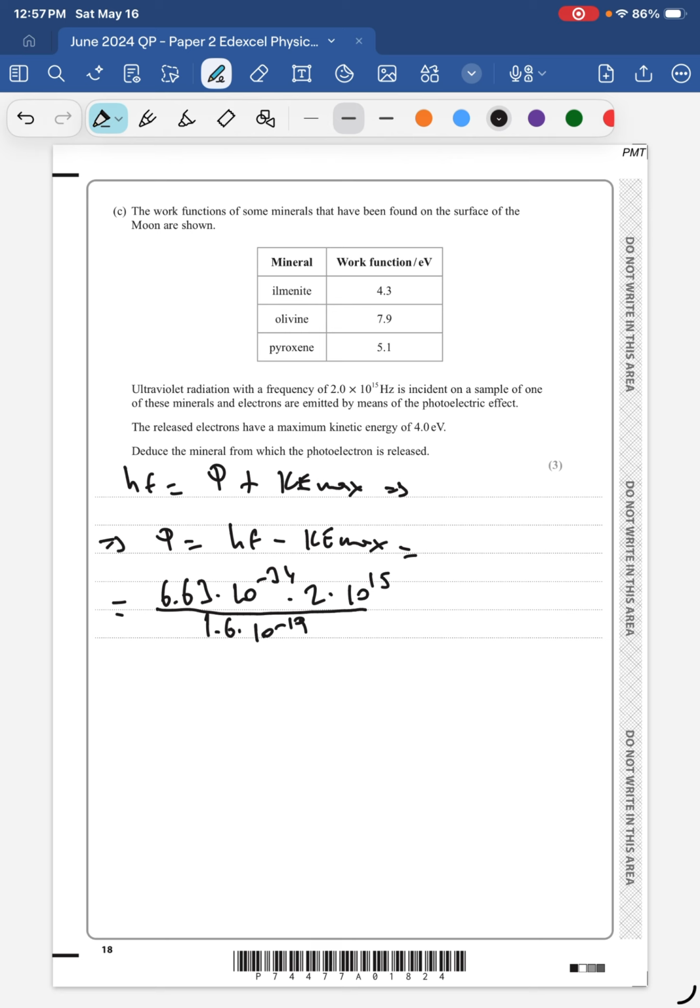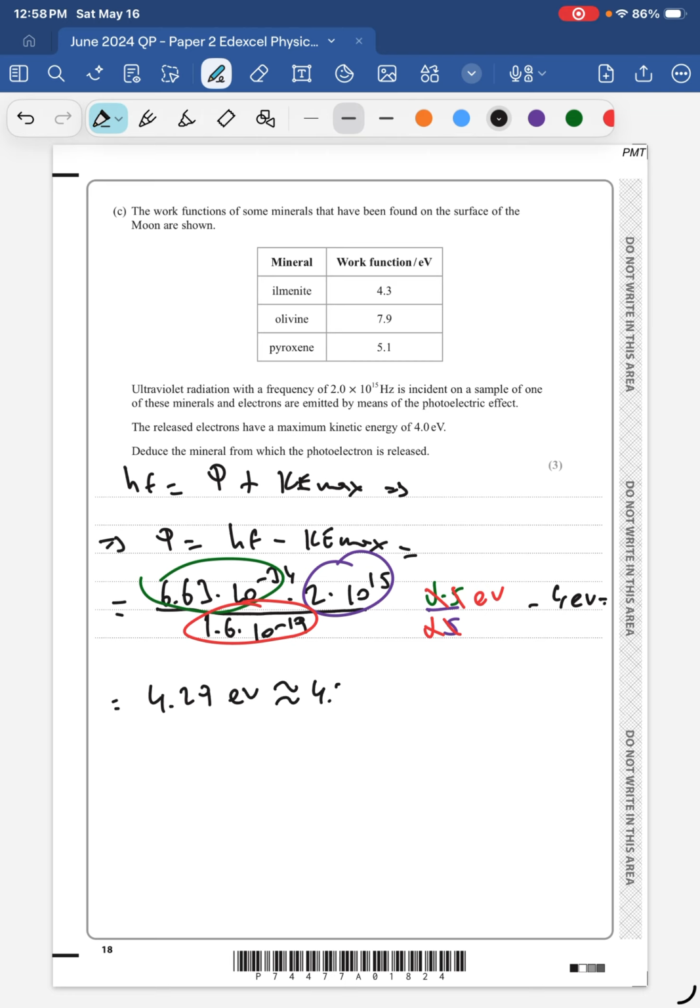The units for Planck's constant are joules times seconds, the frequency is in hertz, so seconds, and this quantity down here is joules per electron volt. So you see that everything works out. Then we subtract 4 electron volts for the kinetic energy of the photoelectron. This yields 4.29 electron volts, which is about 4.3 electron volts.